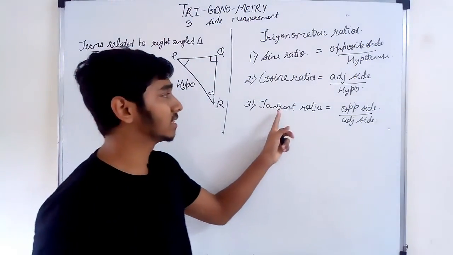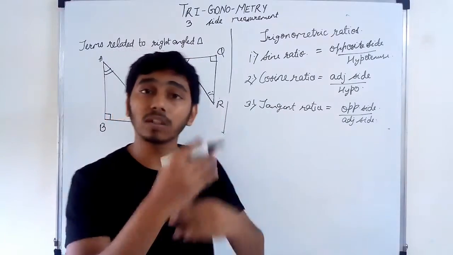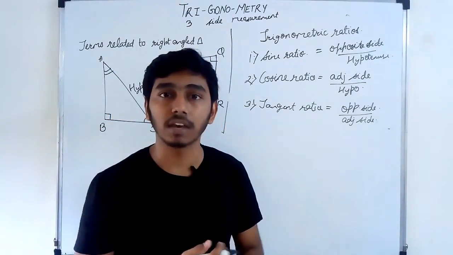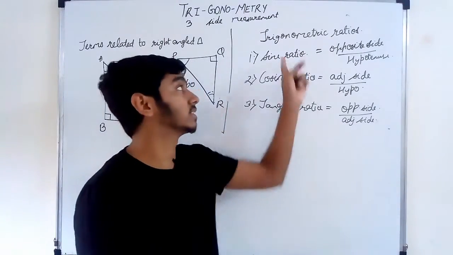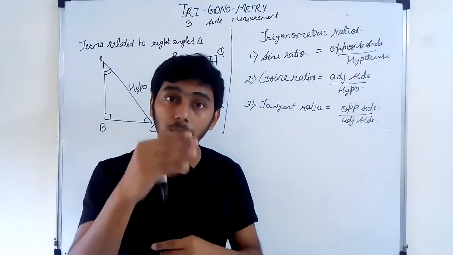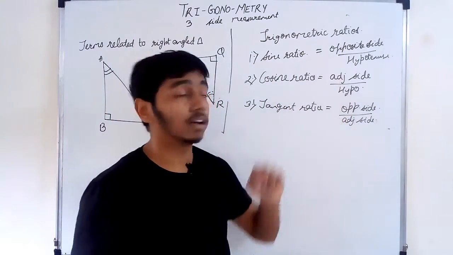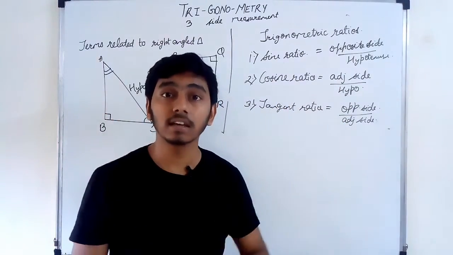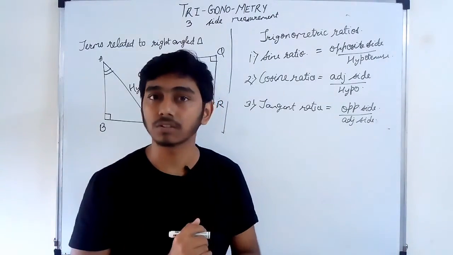So these are the ratios. You just take the opposite side or the adjacent side and the hypotenuse, and you divide them. So if you divide the opposite side by the hypotenuse, you will get sine. So that ratio, opposite upon hypotenuse, is called sine. Okay. And what is cos or cosine? It is just adjacent upon hypotenuse, nothing much.